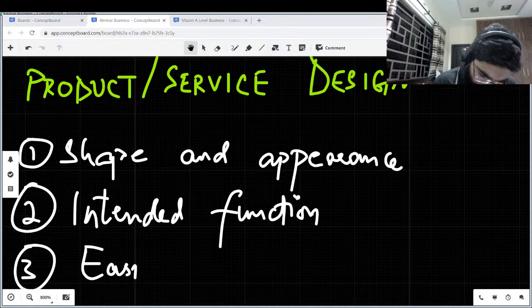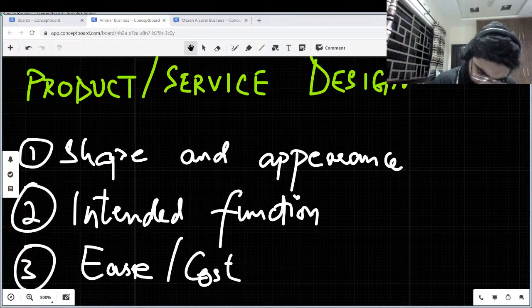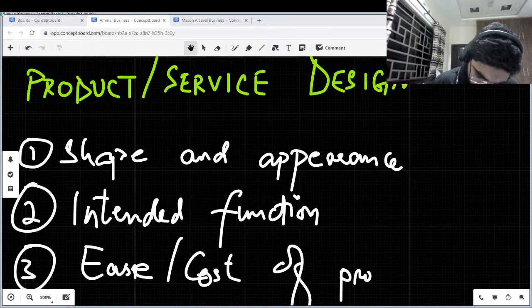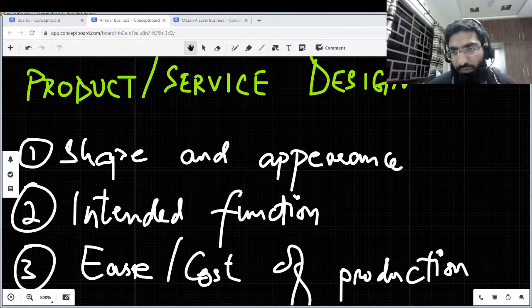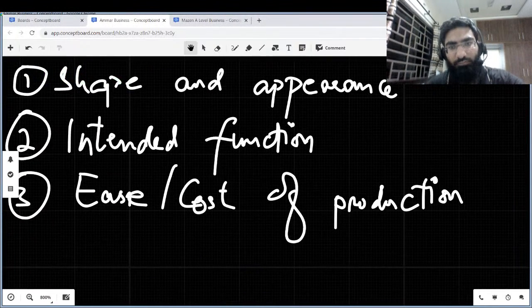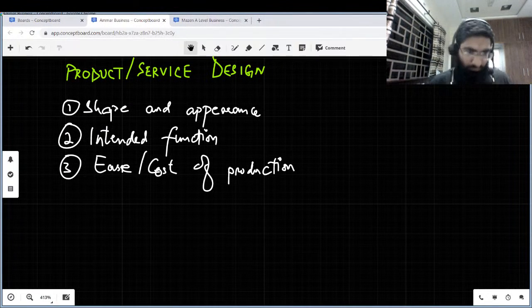So ease slash cost of production. What else? Shape and appearance, intended function, ease slash cost of production.